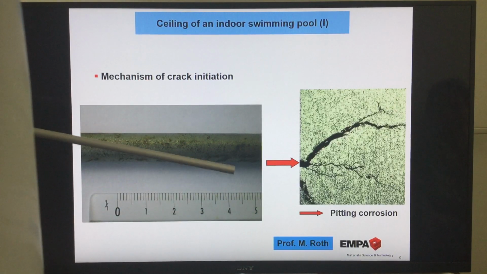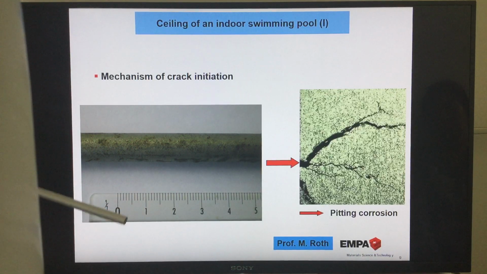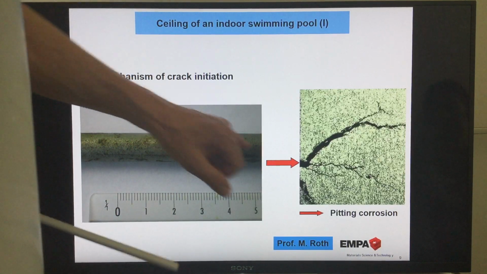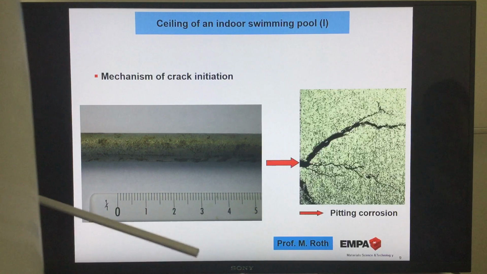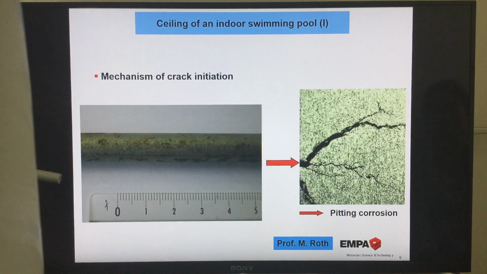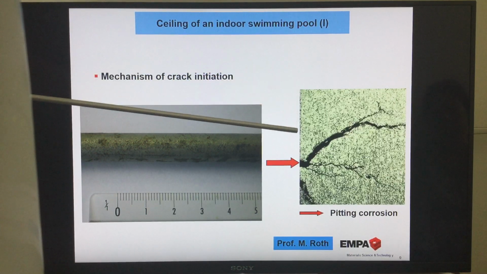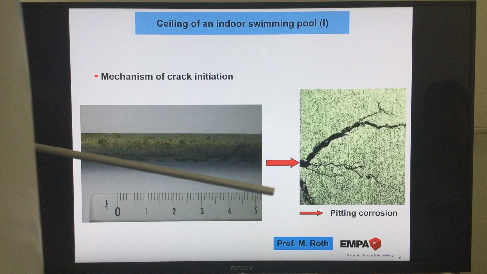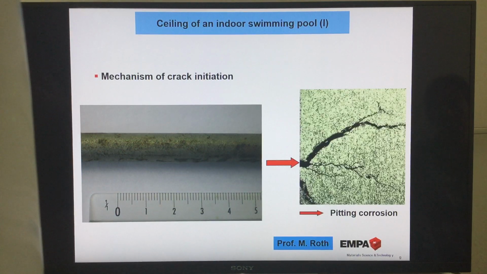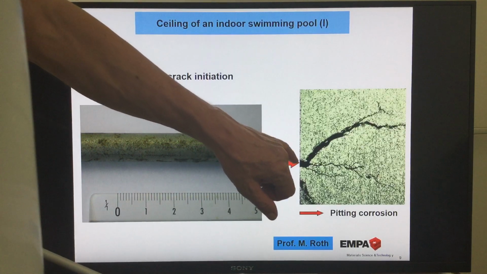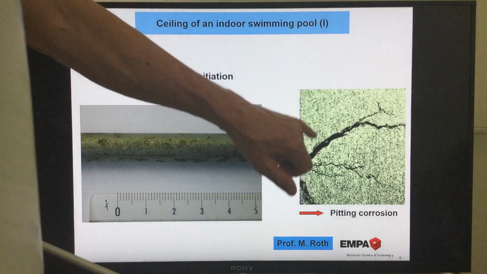So what starts in the pits? An electrochemical reaction. The inside of the pit, there we have anodic dissolution of the metal, and here there is a cathode area where oxygen is reduced, and that means there will be a flow of the electric current from here to here.